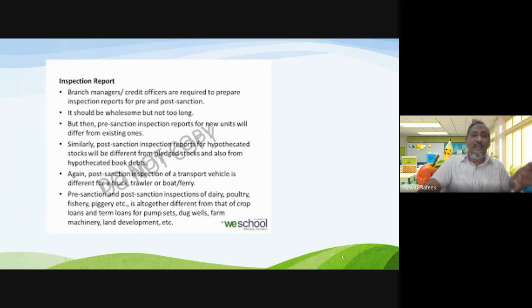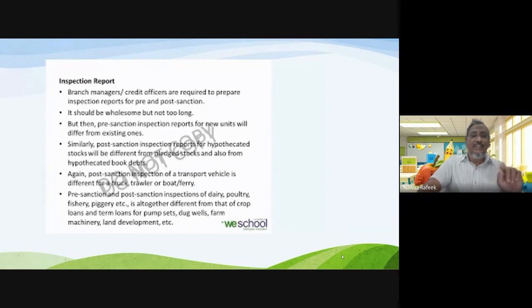The pre-sanction inspection report for new units will differ from that for existing ones, the new customer and the existing customer. The objective is different. For an existing customer, you are making the inspection to give further facilities or to expand the facilities. For a new customer, you decide whether to give or not.